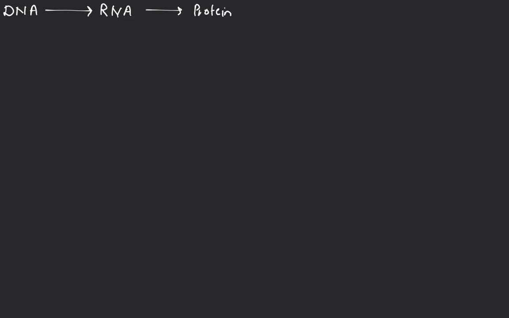So there are two processes involved in this. The process by which DNA is converted into RNA is called transcription, and the process by which RNA is converted into protein is called translation.